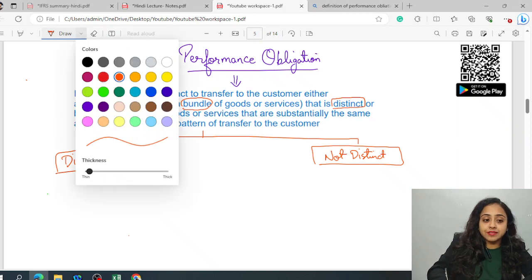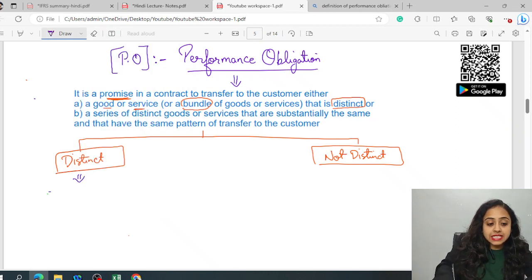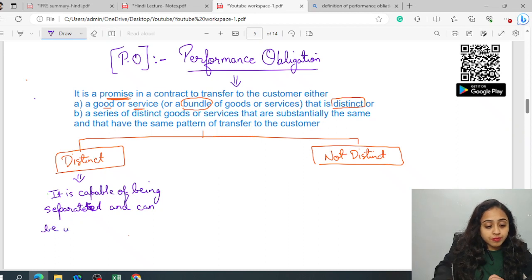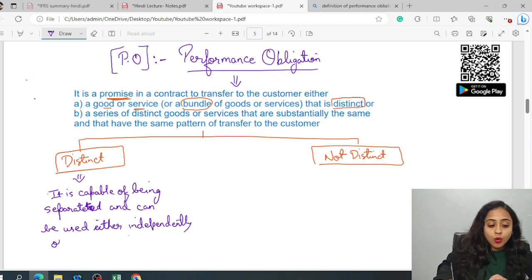Distinct simply means that it is capable of being separated, and can be used either independently or with available resources.